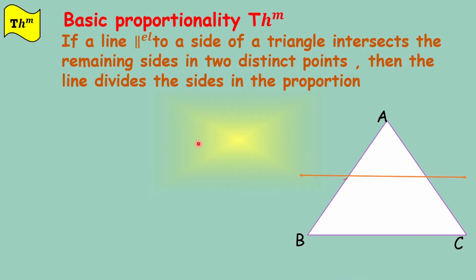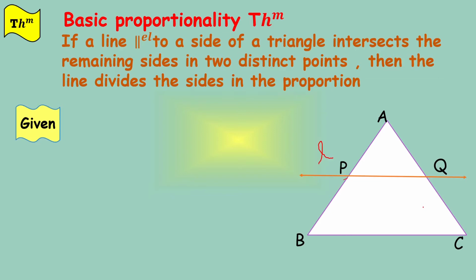In this triangle ABC, line L is parallel to side BC. This line L intersects AB at point P and intersects AC at point Q. This is the given. We write this given from the figure.